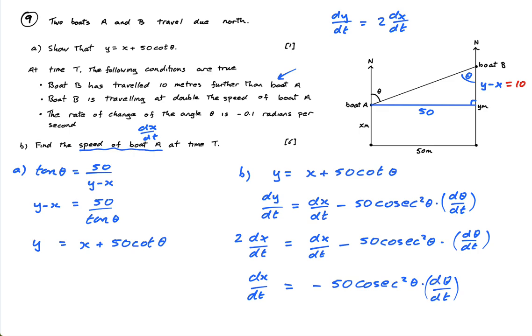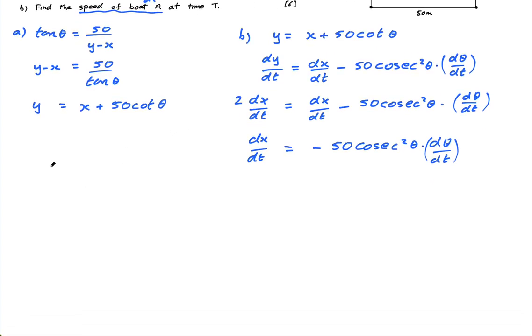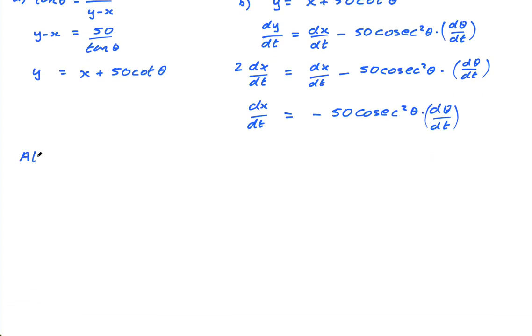So I can find the theta now, because tan of theta is 50 over 10. So over here, I'm going to write at time t, tan theta equals 50 over 10, which is 5.